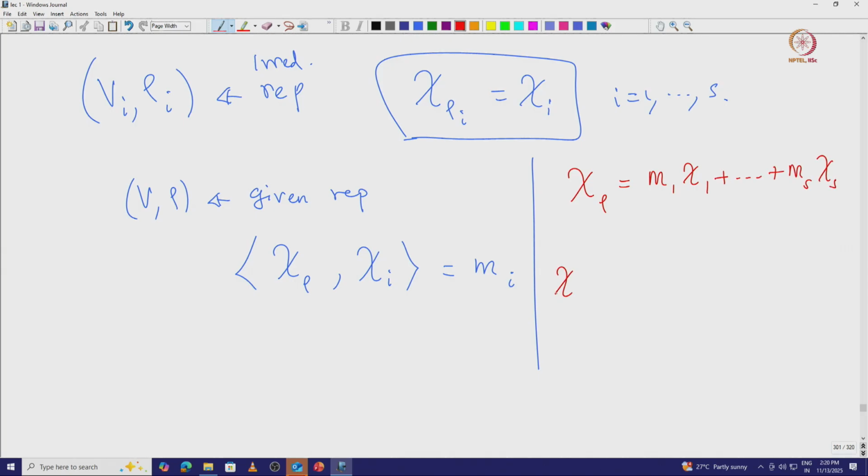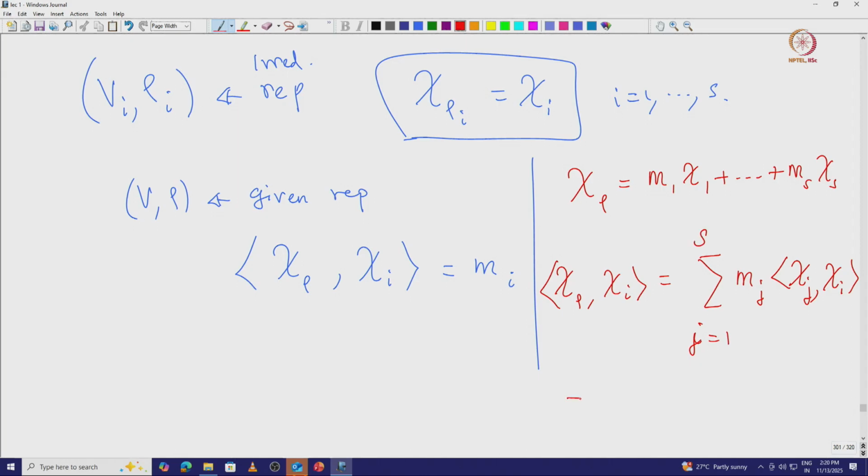So, in particular if we take the inner product of chi rho with chi i for some fixed i, then this is going to be exactly equal to the summation of M j times the inner product of chi j with chi i, where j runs from 1 to s.